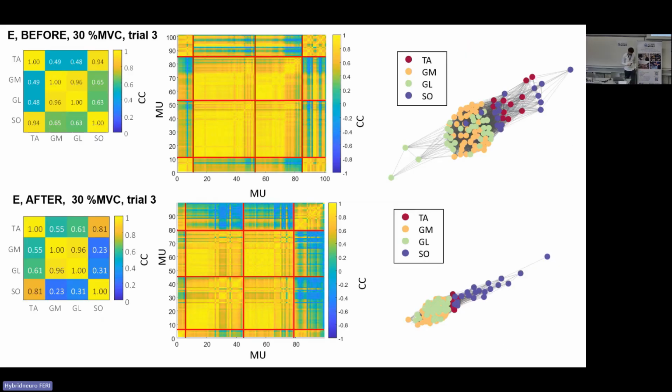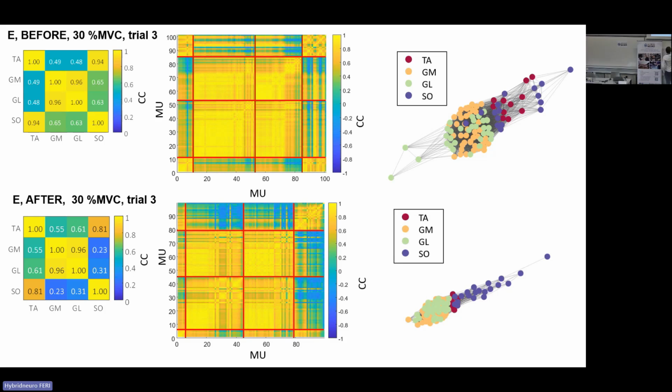And now, if we change the methodology, and instead of calculating the correlation between the CST of muscles, we calculate the correlation between discharge rates of individual motor units, what we get is these two big matrices on the right side. These red lines here depict the borders between muscles. So it's the same as on the left side. The right side is just not so evenly separated because of the number of motor units, but it's the same.